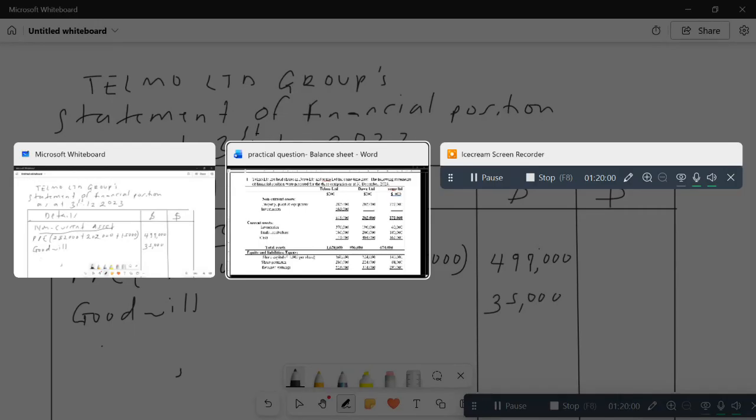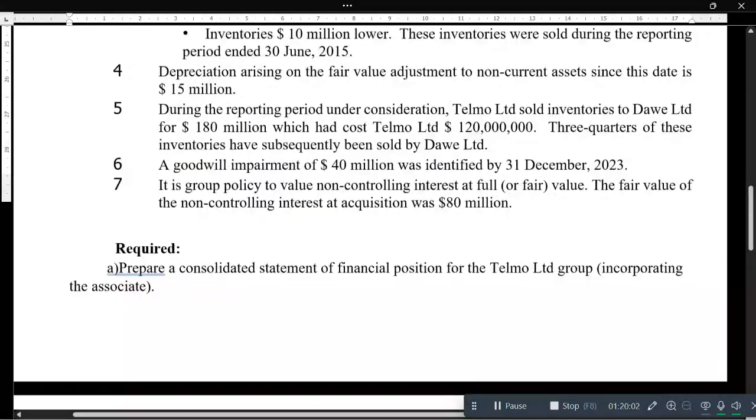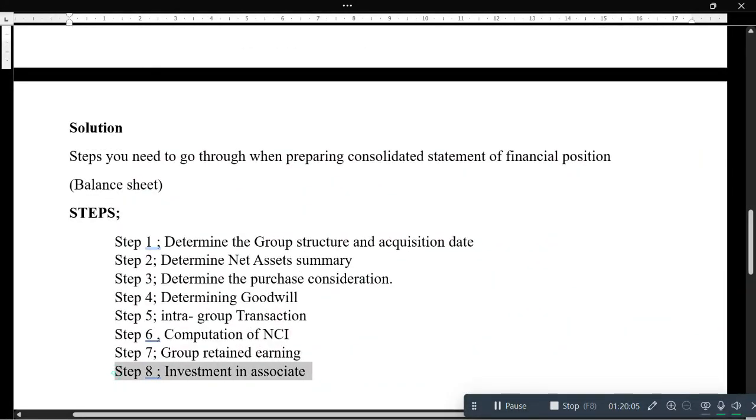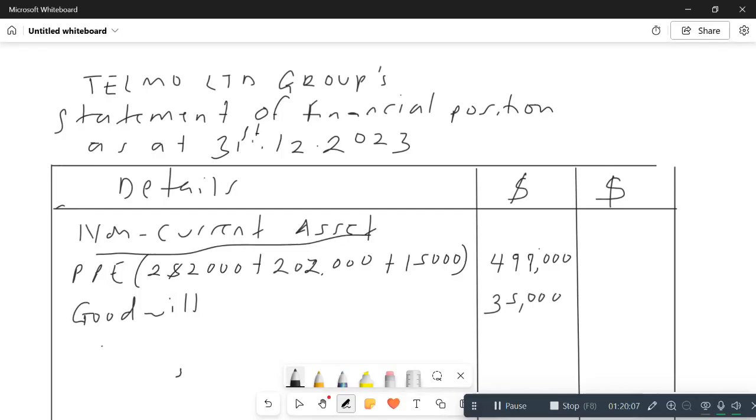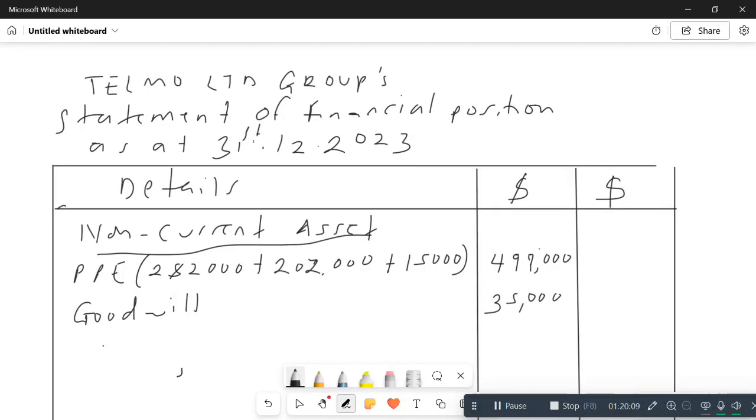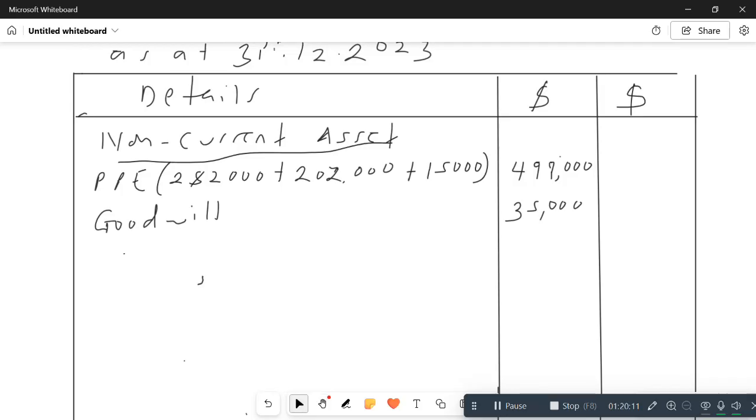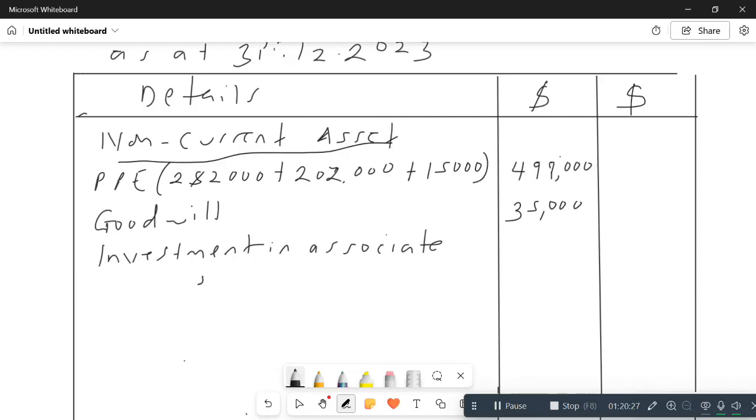You remember we calculated this step 8, which was investment in associate. Our last working, go and check there, 199,000.